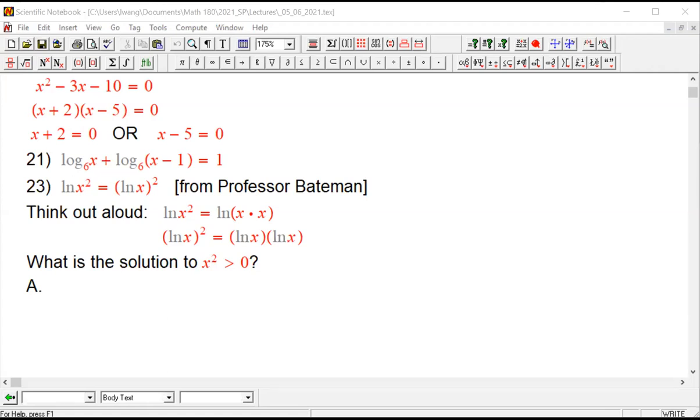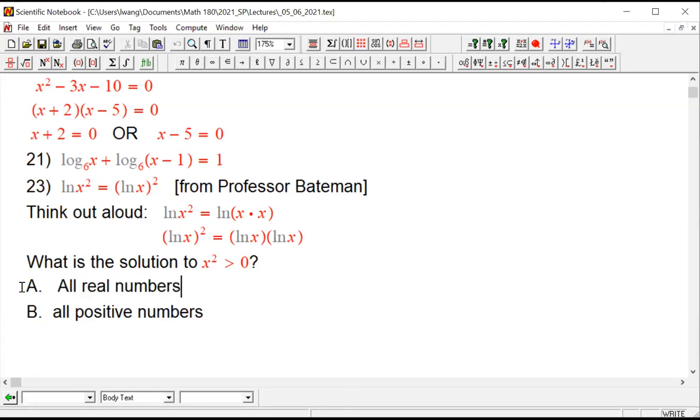That's right. Okay. So this answer, A, this is B, A, all real numbers, right? So you see, in each case, I have given you some counterexamples, right? So let's look at the last one. All real numbers, X cannot be 0.